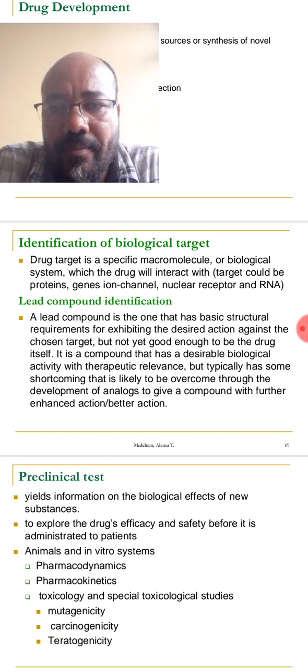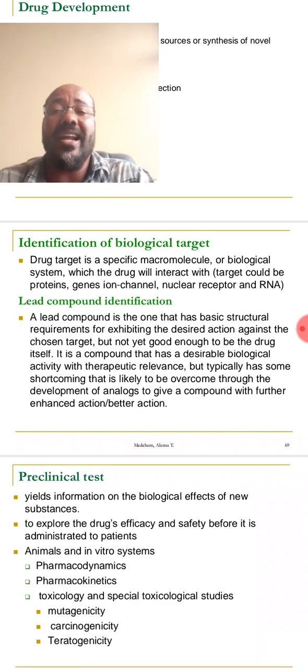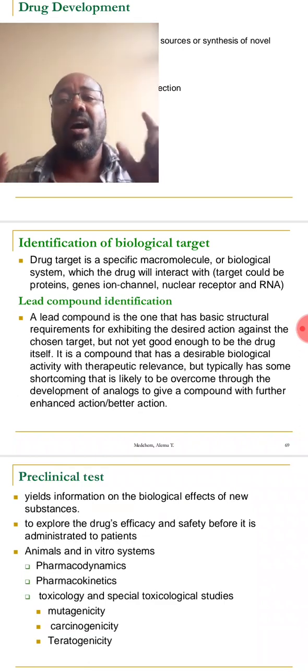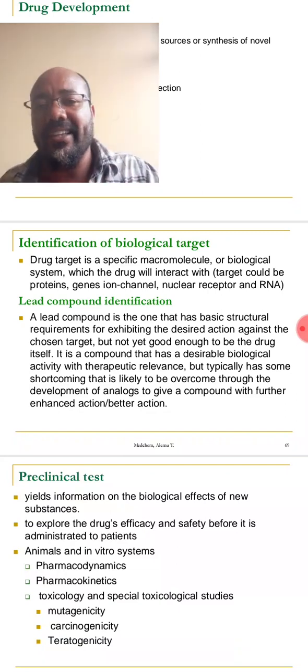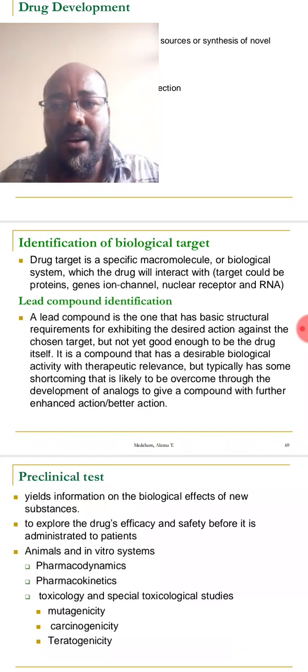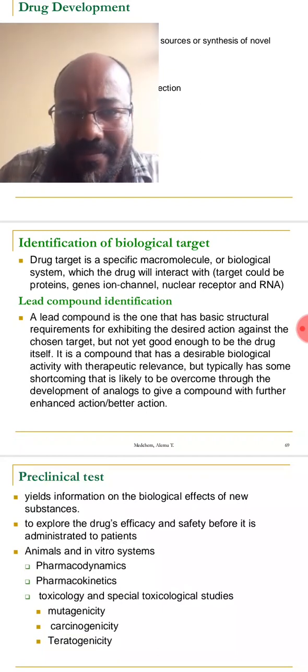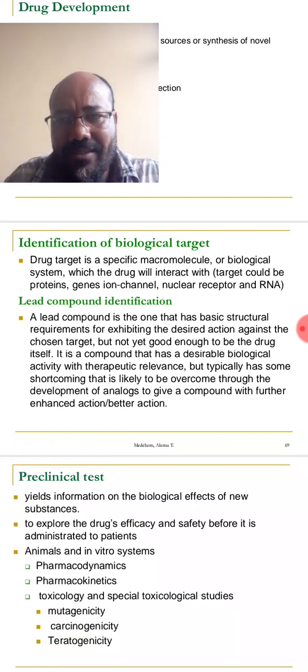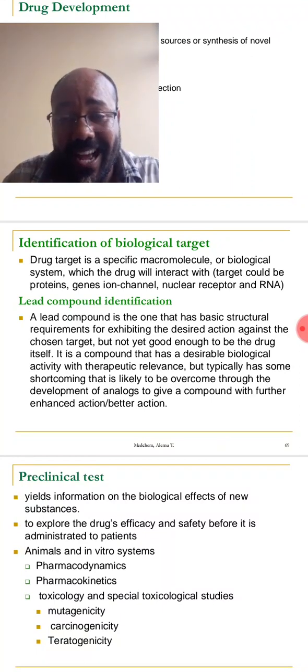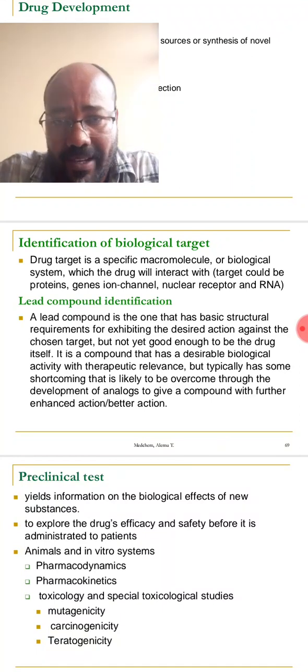This is called the biological target. Therefore, the first thing in drug discovery and development is identifying the target. Where can we use this drug? In which place? Where is the target? This is the first stage: identifying the target organ, the target site.